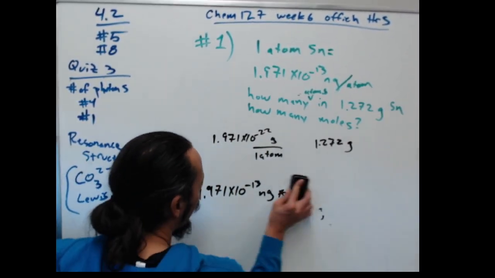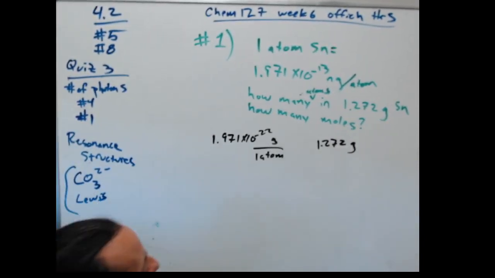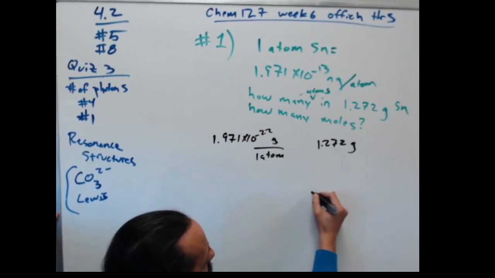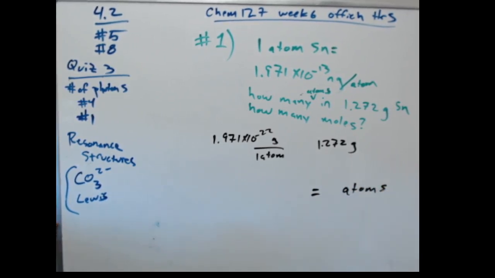Now that I've got my units, that was the first thing, that unit analysis. But now it wants how many atoms. So I've got to have some mathematical operations where I end up with the unit of atoms on top. Now, the units in problems are huge hints. One of the things that I saw in the midterm that was a really big problem was people writing down numbers without units. This isn't a math class.